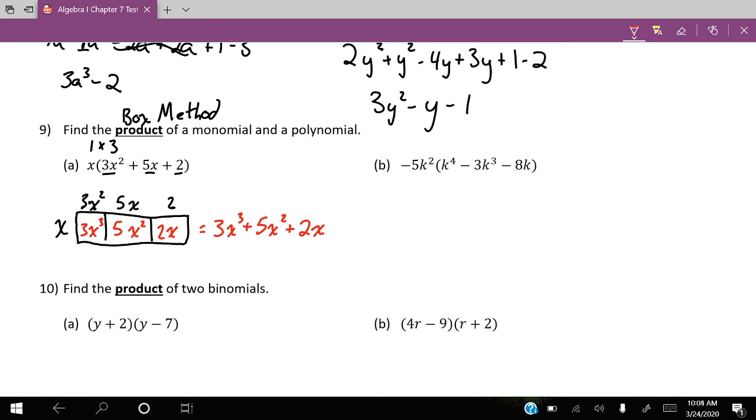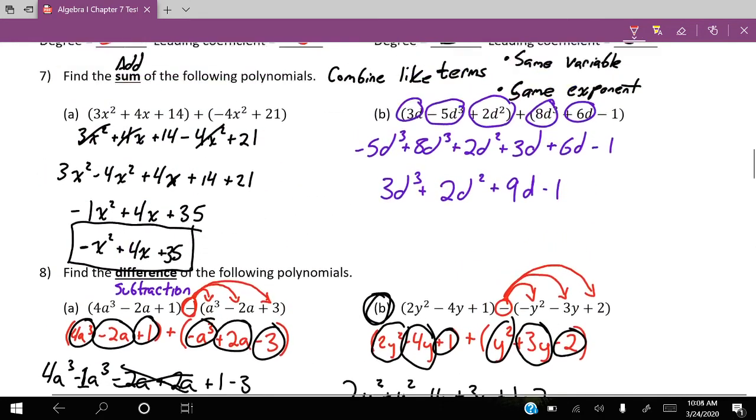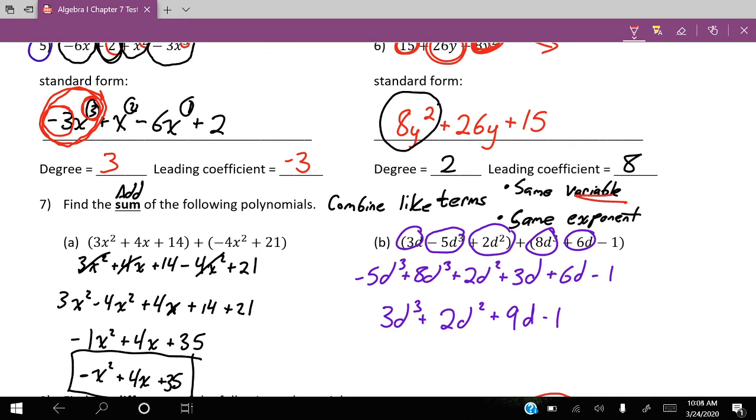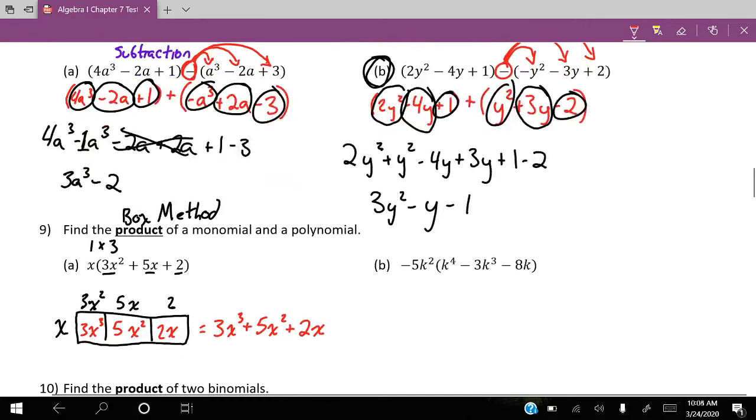None of these can be combined because though they have the same variable, they do not have the same exponent. All right. So with that, that is actually 9a.